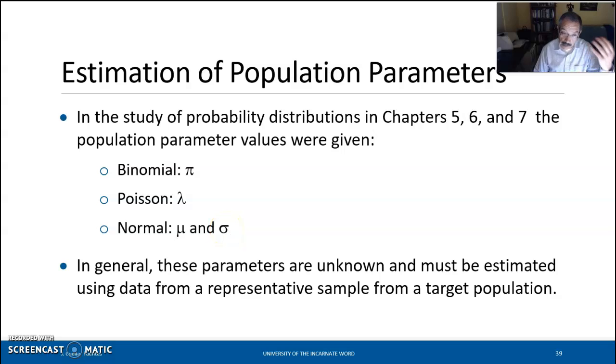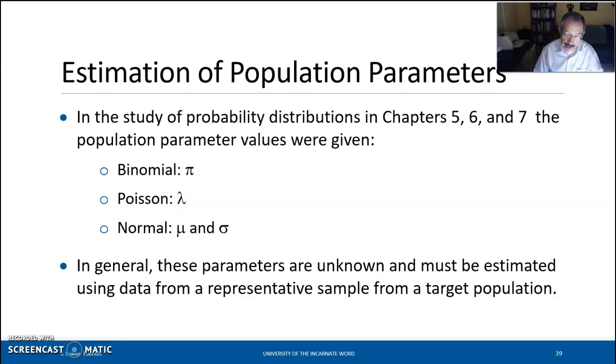Now, in general, those parameters are not known, and they need to be estimated with data from representative samples taken from the target population. Because in order for us to know these parameters, we would have to evaluate every element of the population.